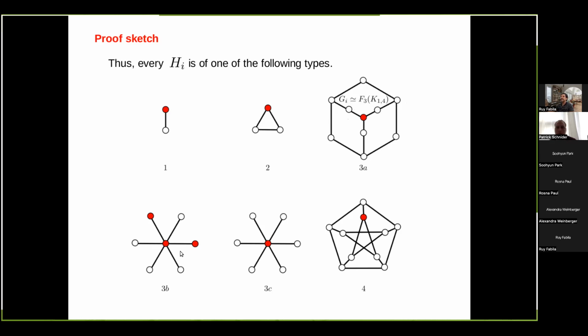Or you have the token graph of a star and you have more than 1 token. So this guy can produce an H with disjoint edges.